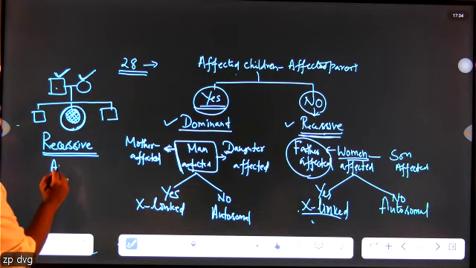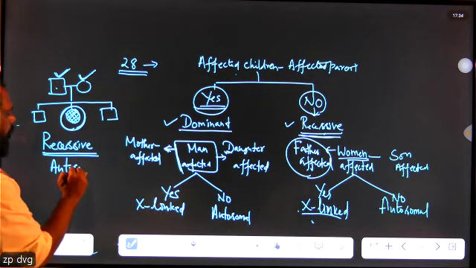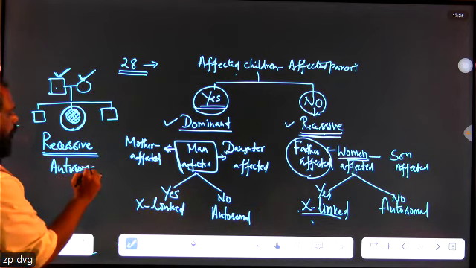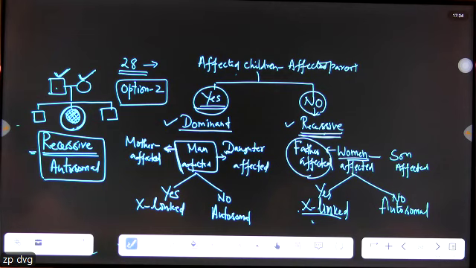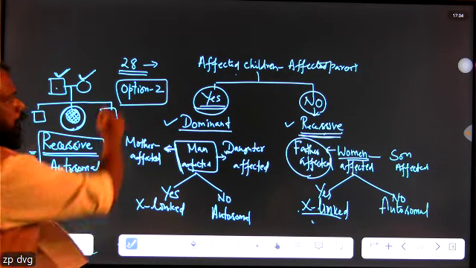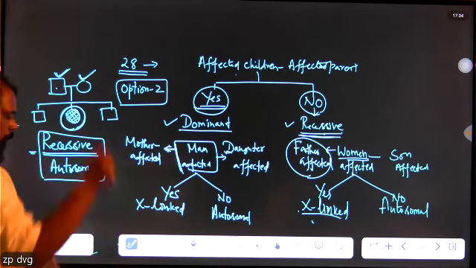It is autosomal. So the correct option for this pedigree is autosomal recessive, which is option 2. Clear? Any doubt for question number 28? Very simple. You have to remember this short trick.